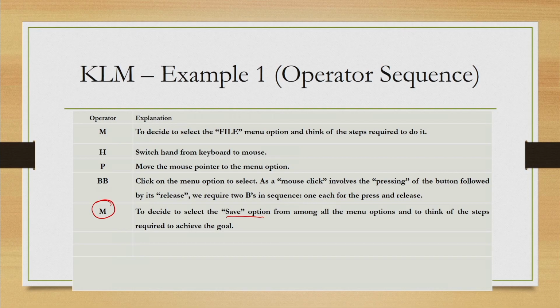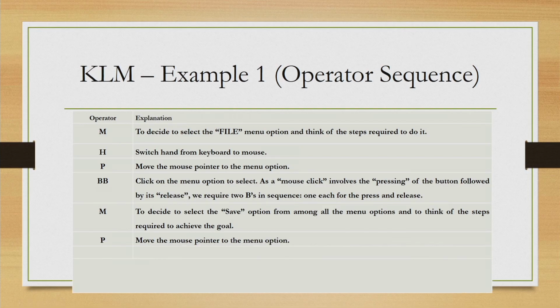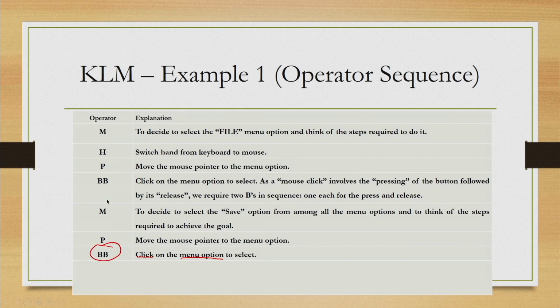So, that requires another M. And once we have decided to select the save option, we need to move the mouse pointer to that particular menu option, which requires the use of the operator P. This will be followed by another BB to click on the menu option, that is save. So, if you recollect, BB stands for two operations, mouse press and release, which together indicate a click operation.